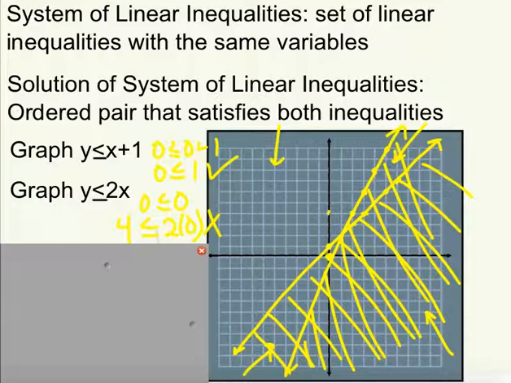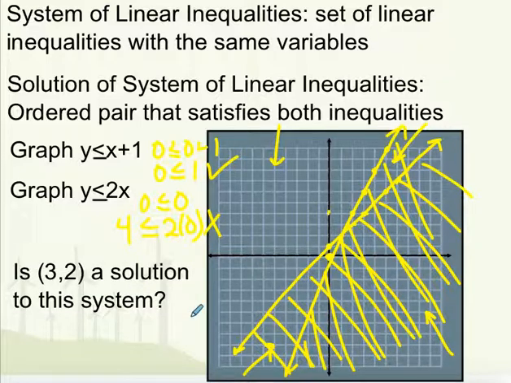The region that is shaded twice is all of our solutions to this system of linear inequalities. The system can have any of those solutions. So this one up here is a solution, right here is a solution. And since these are both solid lines, even where they intersect is a solution.